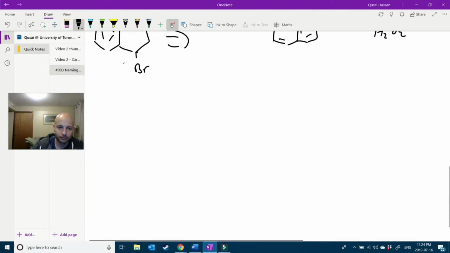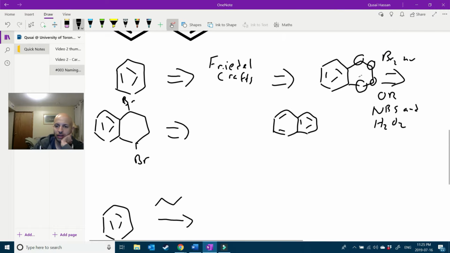So we know that if we start from benzene, we are going to need some type of compound that has four carbons, right? Now you can see how here we're coming from a straight chain, because there are no branches on this ring.